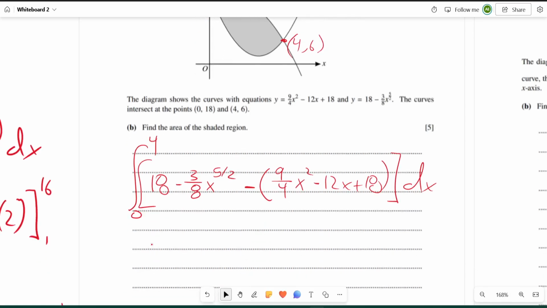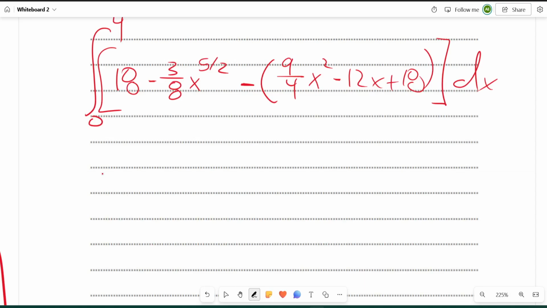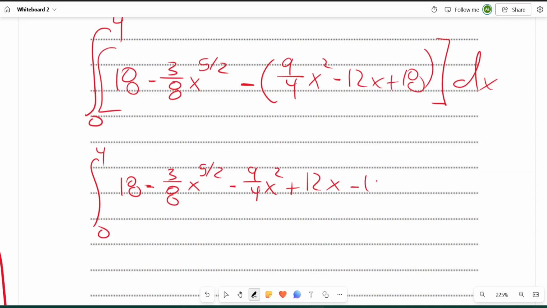So right here, let me simplify this. So 0 to 4, 18 minus 3 over 8x power 5 over 2 minus 9 over 4x squared, minus times negative 12 is plus 12x, and then minus 18 all into dx.